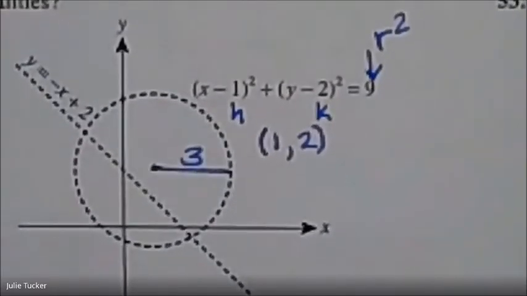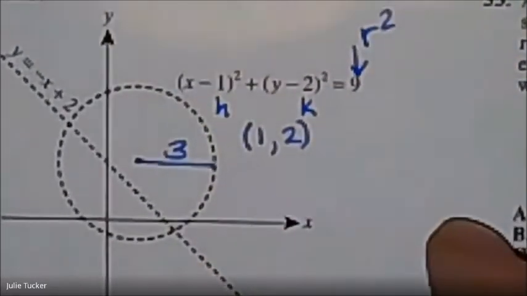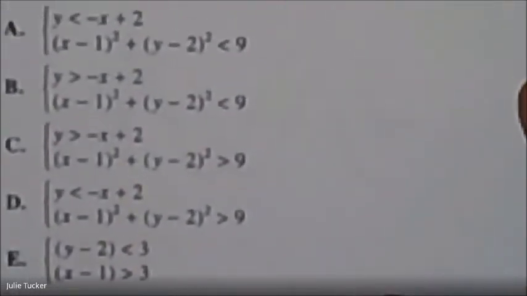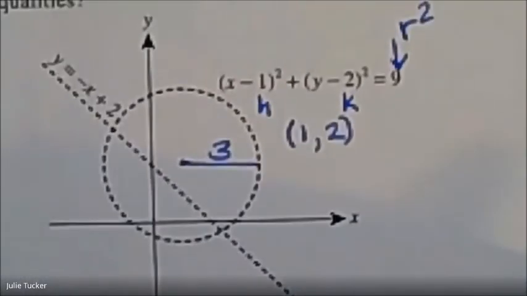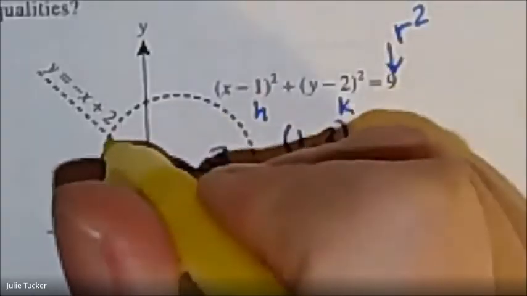So they want to know, they basically have shaded part of it, and they want us to say which one it is, and they're all inequalities. So you would have to know where it was shaded to guess what the right answer is. So why don't we just make one up and answer it that way? So let's say that this is the part that is shaded.